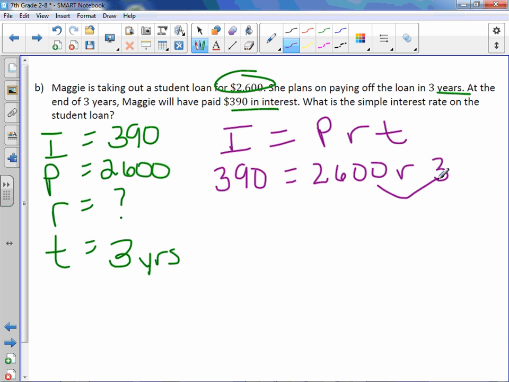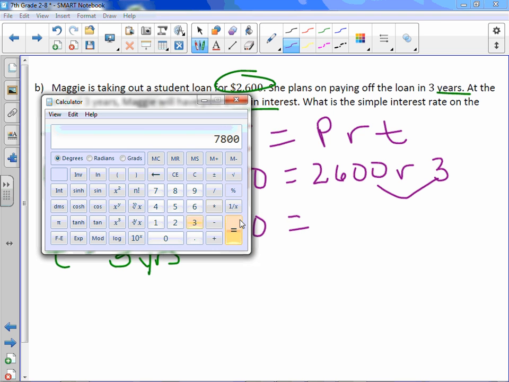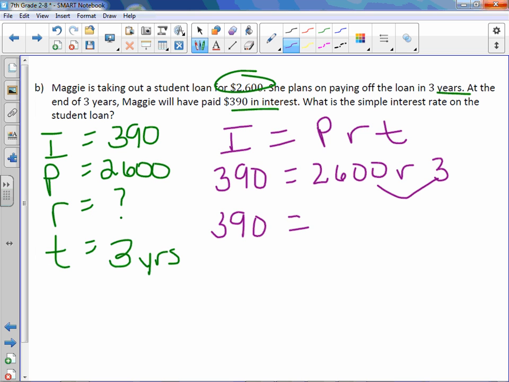We need to multiply those together first. Let me bring everything else down. 2,600 times 3, 7,800.